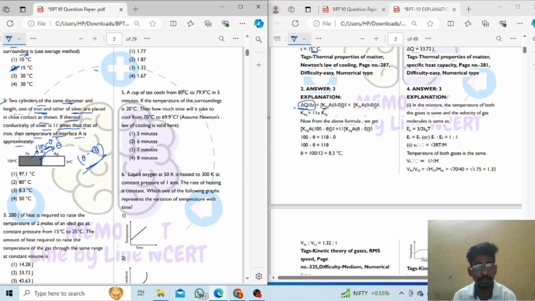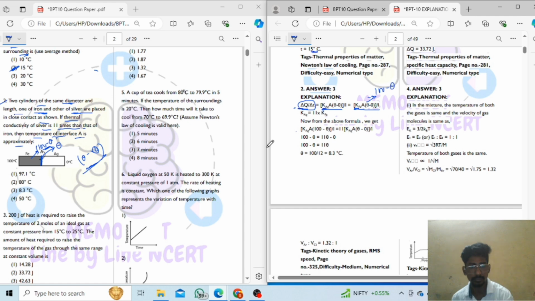So from that you can say these are the two equations. The first one is the silver equation, and this one is our equation of ferrous. But in case of ferrous it will be 100 minus theta, not theta minus 0. This is 100 minus theta only, right?